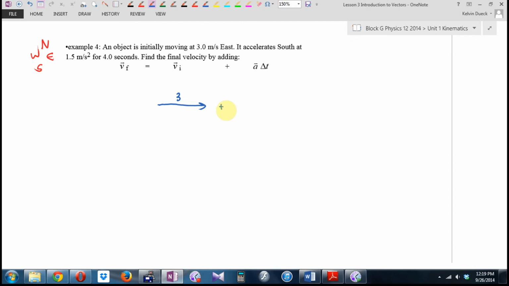I guess in my picture I'm going to point that down. Now, don't draw this yet. It's going to be that, but then it's going to be times 4, times a scalar. So what is 4 times 1.5 in your head or on a calculator? 6. I'm going to draw a vector 6 long, twice as long as the 3 pointing down.